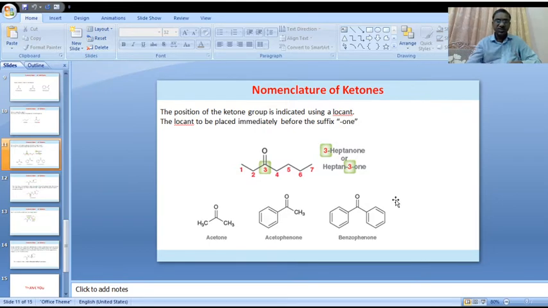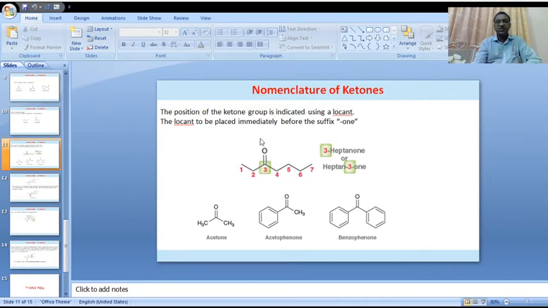Nomenclature of ketones. The position of the ketone group is indicated using a locant. The locant is placed immediately before the suffix "-one". Here, this is the example 3-heptanone.